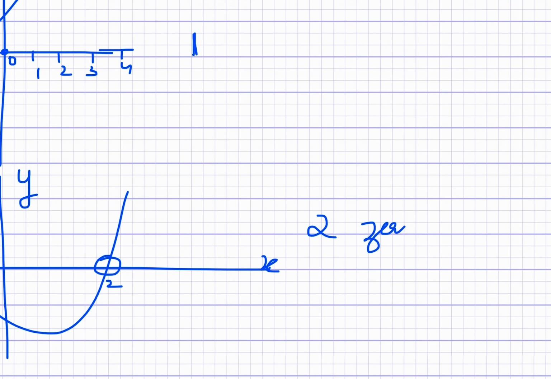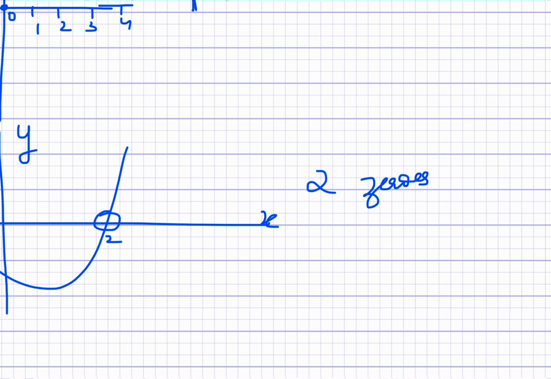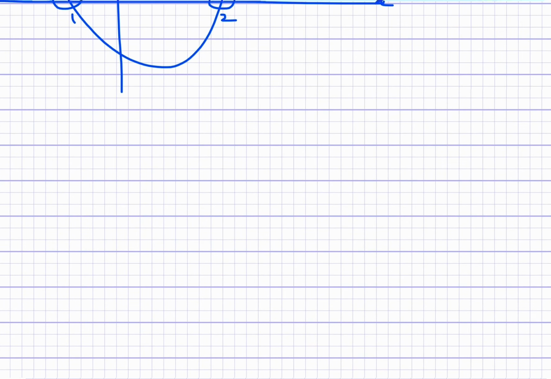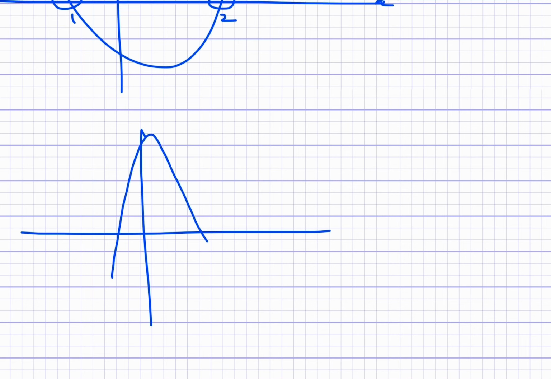So this is the quadratic one. Now the third one, look. How many zeros will be there? 1, 2, 3. So this is cubic. This is how we can find out from the graph how many zeros of the polynomial there will be.